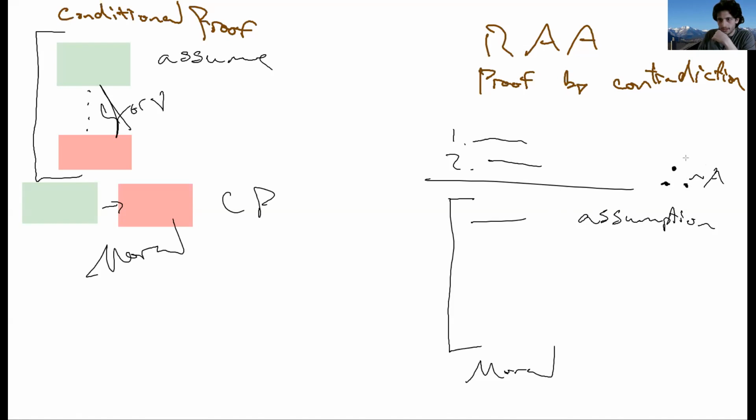So this can go in two different ways. Let me show you the other way. This might be an easier way to start. Let's just start with A itself, not not A right now.